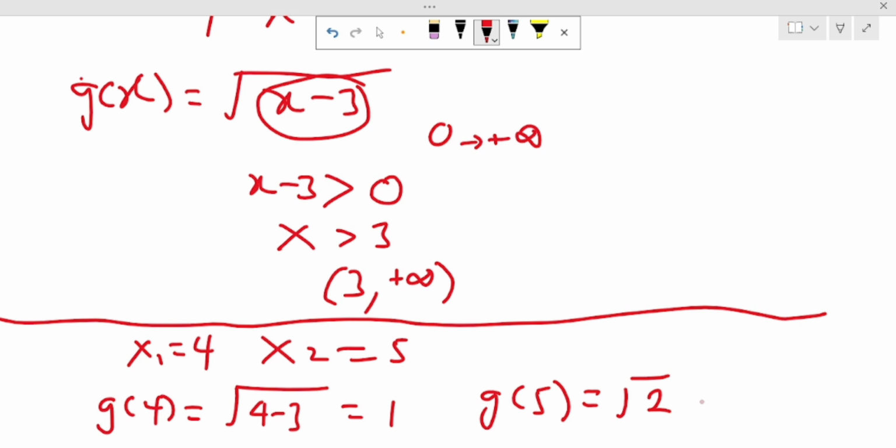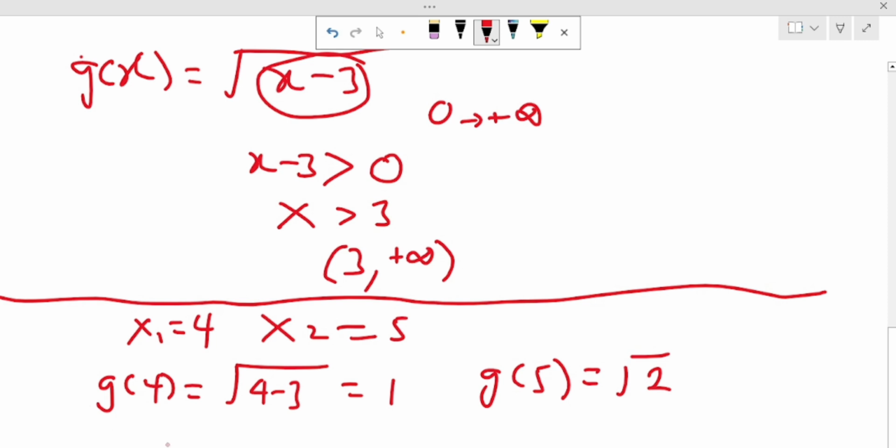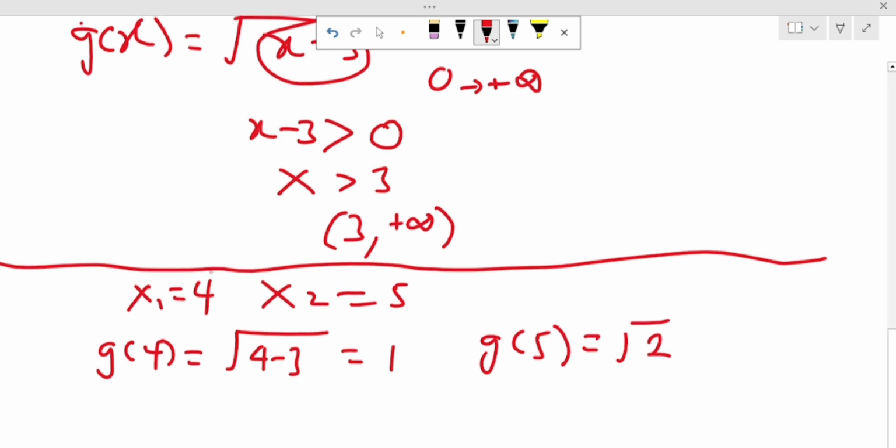And root of 2 is greater than 1. And so this means that this function g of x is an increasing function. You can find examples for decreasing functions too.